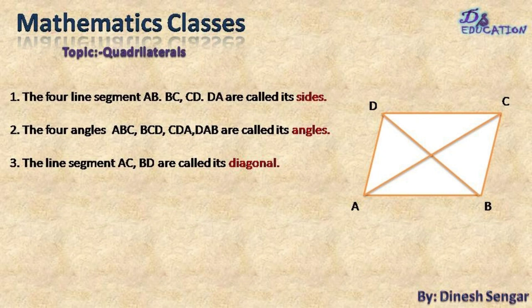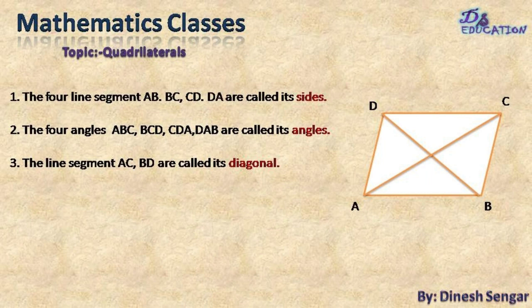A quadrilateral has 4 sides. The sides AB, BC, CD and DA are called its sides. A quadrilateral has 4 angles: angle ABC, angle BCD, angle CDA and angle DAB. They are called the angles of the quadrilateral.